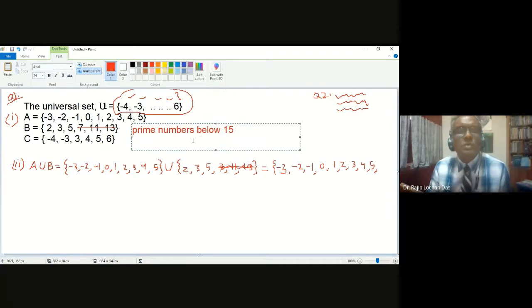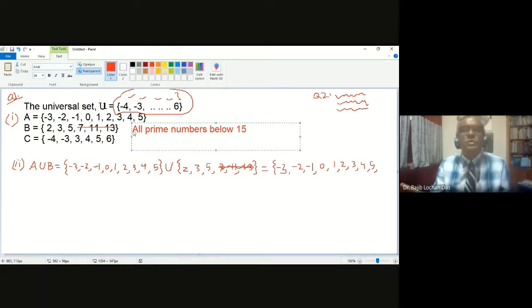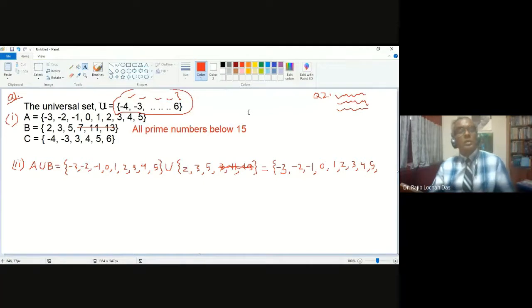Is this wrong? This was written in the question: all prime numbers below 15. So what do you think? Is this okay, or do we need to change the question also? Do you understand what I am saying? Is that clear? Yes, sir.